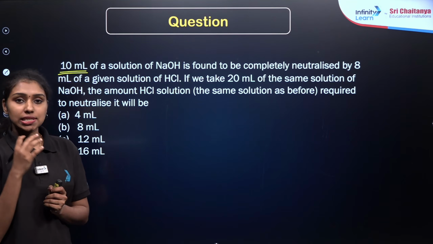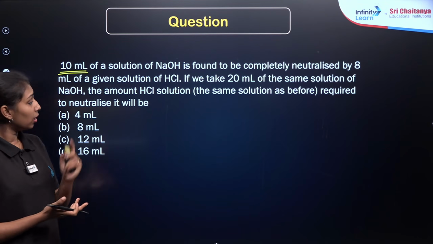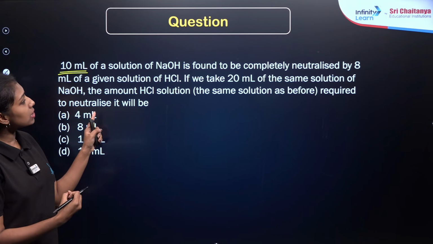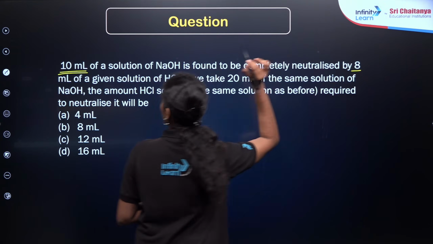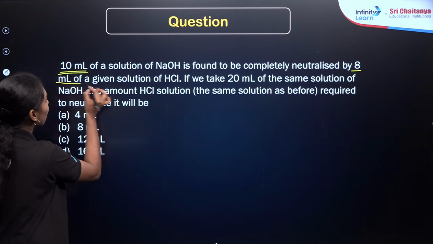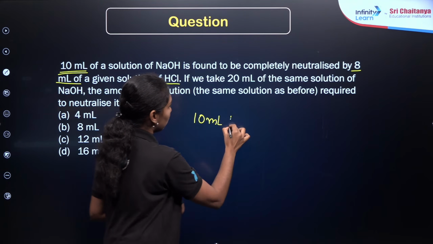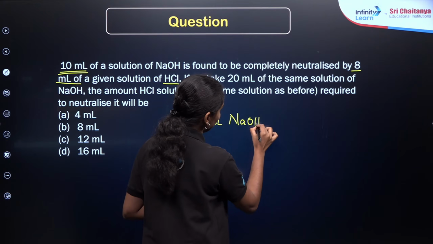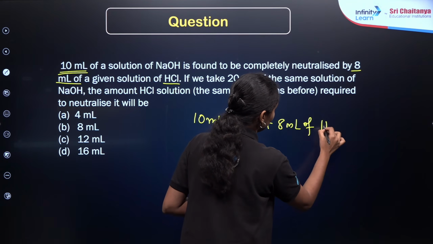So this is about the neutralization reaction. Neutralization reaction means acids and bases are combined together to form the salt and water. So here 10 milliliter of NaOH is required to completely neutralize 8 milliliter of the hydrochloric acid, right? 10 milliliter of NaOH will treat with 8 milliliter of HCl.